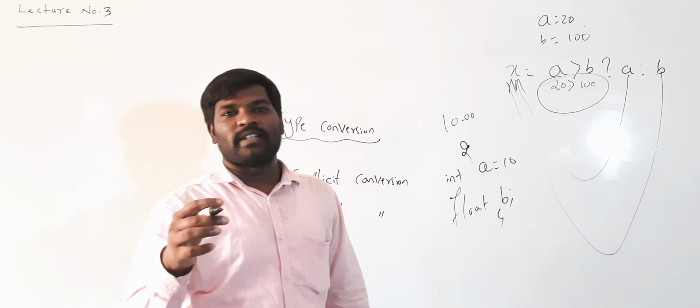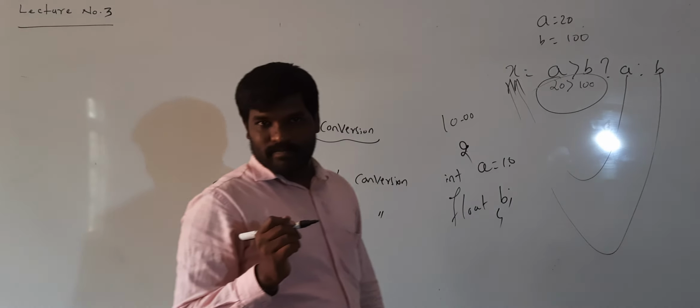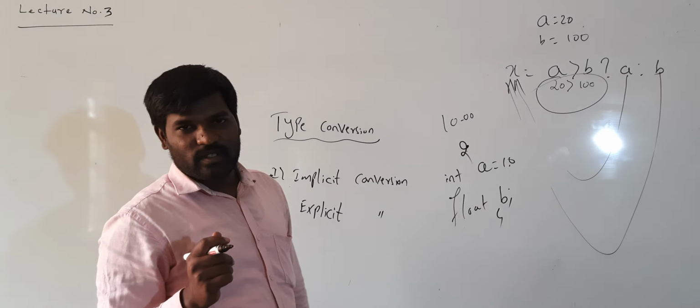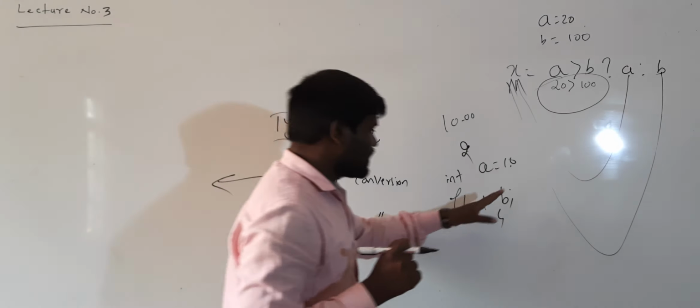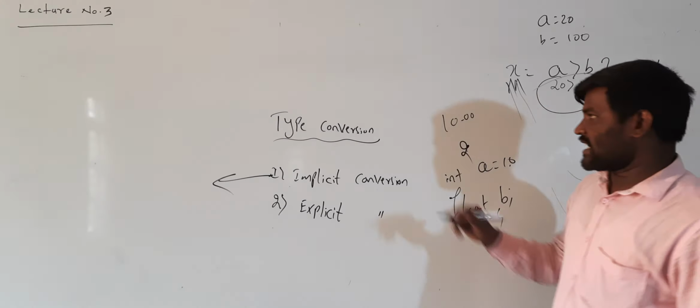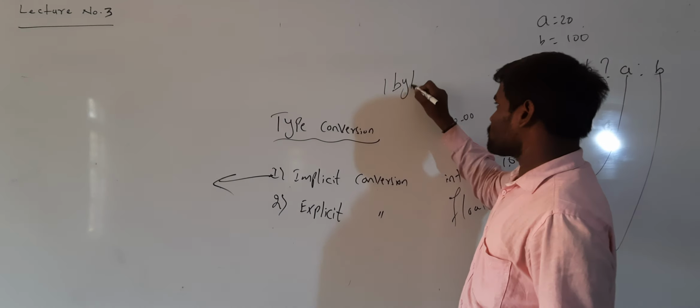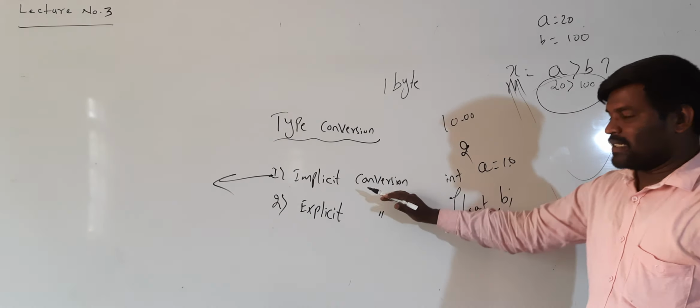One integer value requires 2 bytes. 2 bytes is equal to 16 bits. In the same way, a decimal value requires 4 bytes. Character, 1 byte.